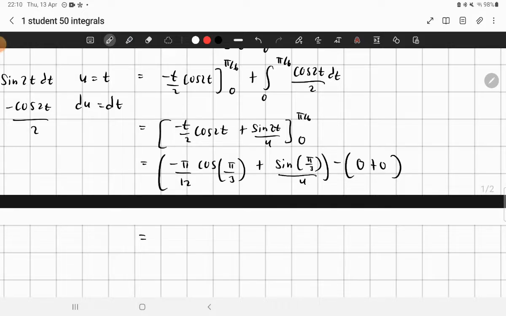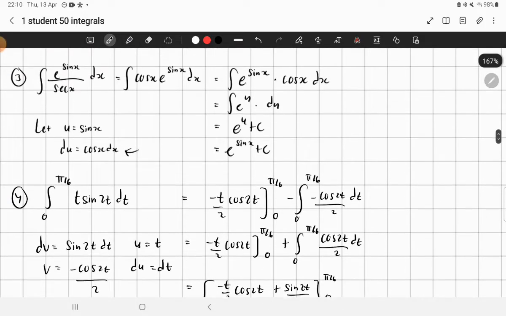From here you could just solve, nothing much to do. Cosine of pi over 3 is a half, so the first term will be negative pi over 24, and the next one will be plus square root of 3 over 8. So that will be your answer, right?